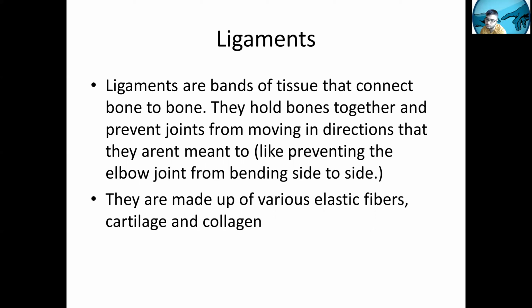Okay. Ligaments are usually made up of various elastic fibers, cartilage, and collagens. You don't really have to know the specifics of it, and if you do, for the MCAT they will give it to you in a passage. They'll tell you exactly what specific fibers or proteins are found in it, anything you need to know for that specific question.